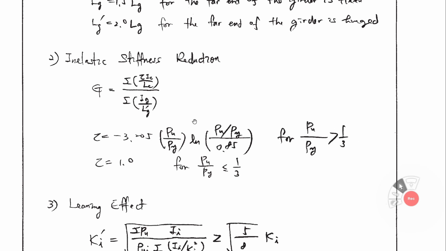In that case, the column stiffness degrades because the column section is partially yielded. So we consider that effect. That equation is this one. Okay. If we have the bigger Pu, then we have the smaller tau. If Pu over Py is less than 1/3, then there is no inelastic stiffness reduction of the column. Then we can use tau equal 1.0.